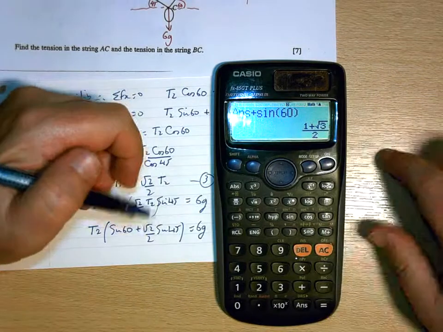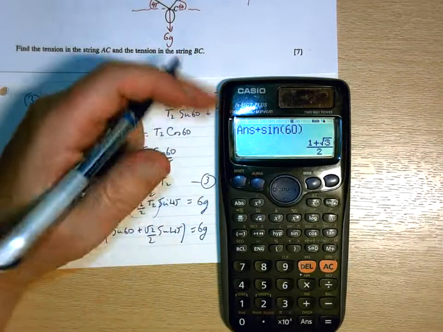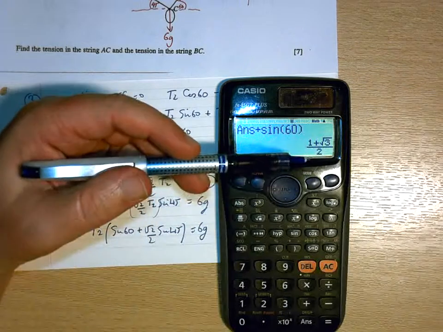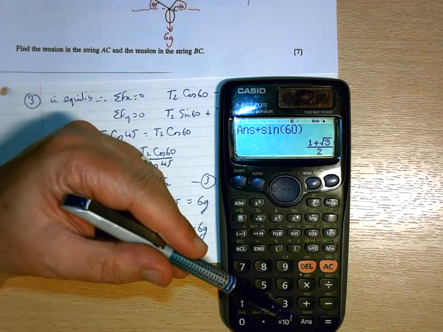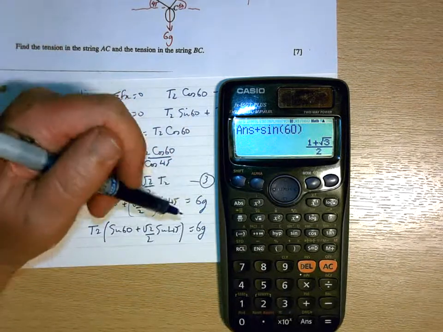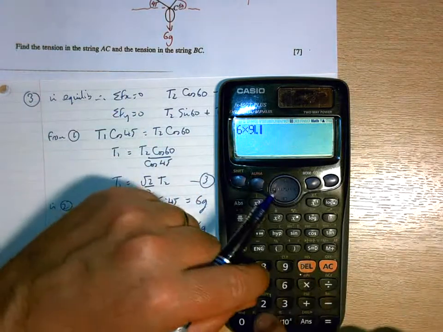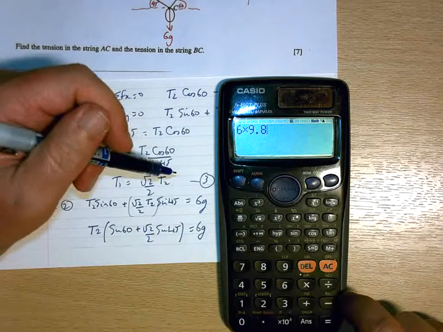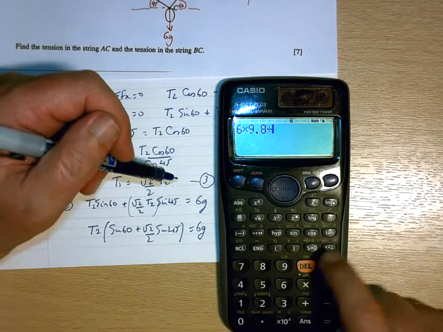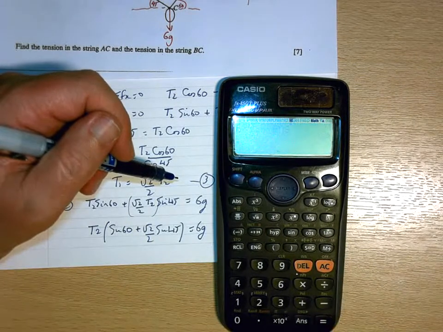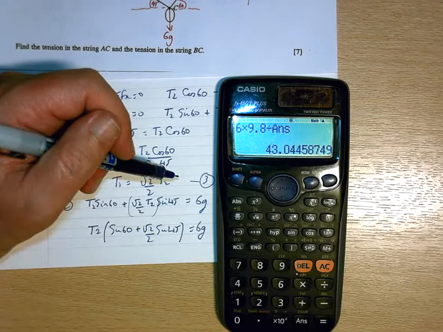So what I'm going to do is, I don't need to store that in memory because it's in my answer memory. So I could just do 6 times 9.8 divided by answer, 43.0.